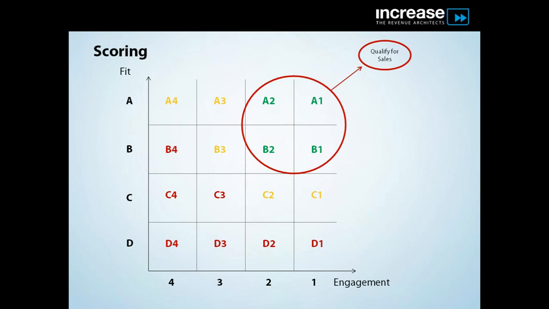As for the rest, we do not qualify them for sales yet. We do something differently, and because we know if they fit or if they have engaged, we can do something differently according to where they are in this matrix.